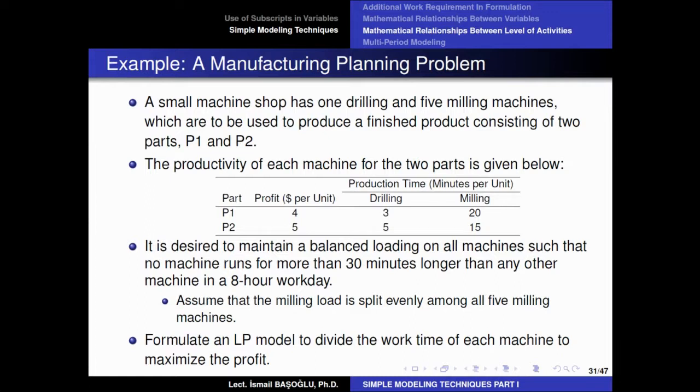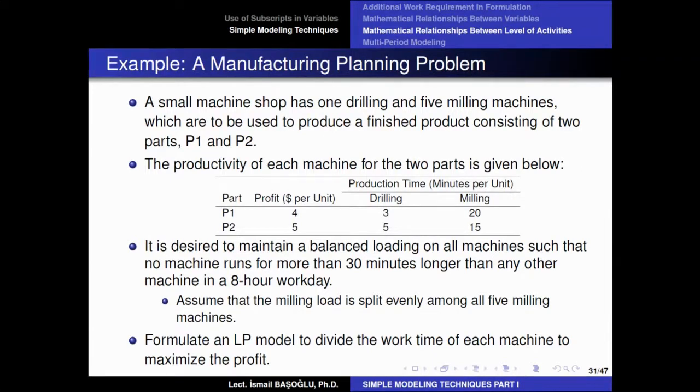By the way, the question also assumes that the workload on the 5 milling machines is equally split among them. Therefore, we do not need to write this constraint between milling machines. However, we need to write this constraint between the drilling machine and any milling machine.